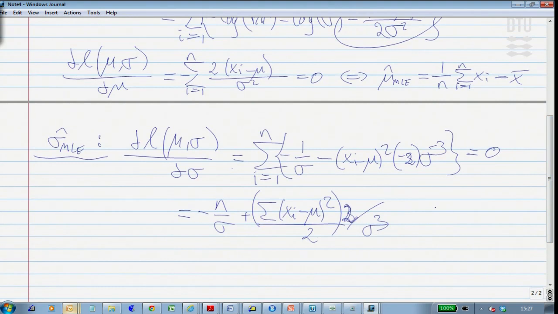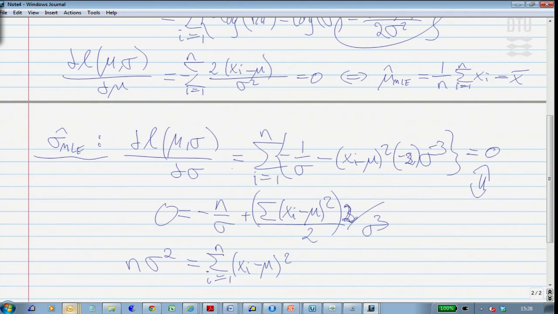Then if I'm going to equate this with 0, and I multiply through by sigma to the power of 3, I will see that n times sigma to the power 2 would equal the sum of xi minus mu to the power of 2.